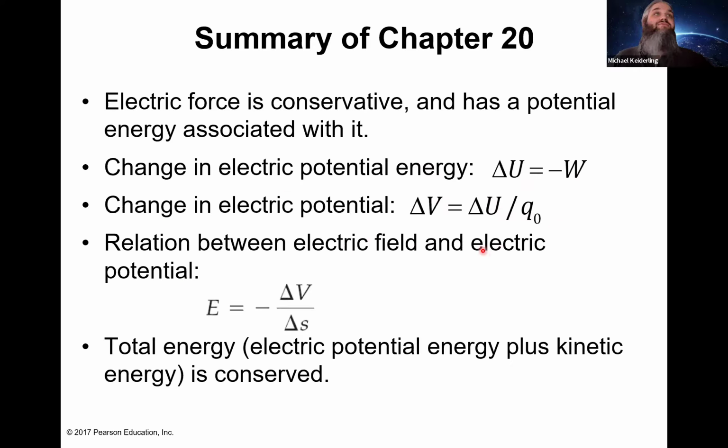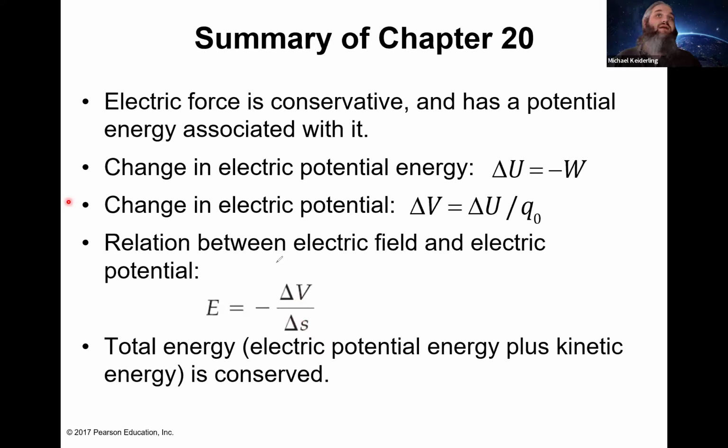So the relation between electric field and electric potential is electric field is minus delta V over delta S. Or you can also write that the electric field is the gradient of the voltage.